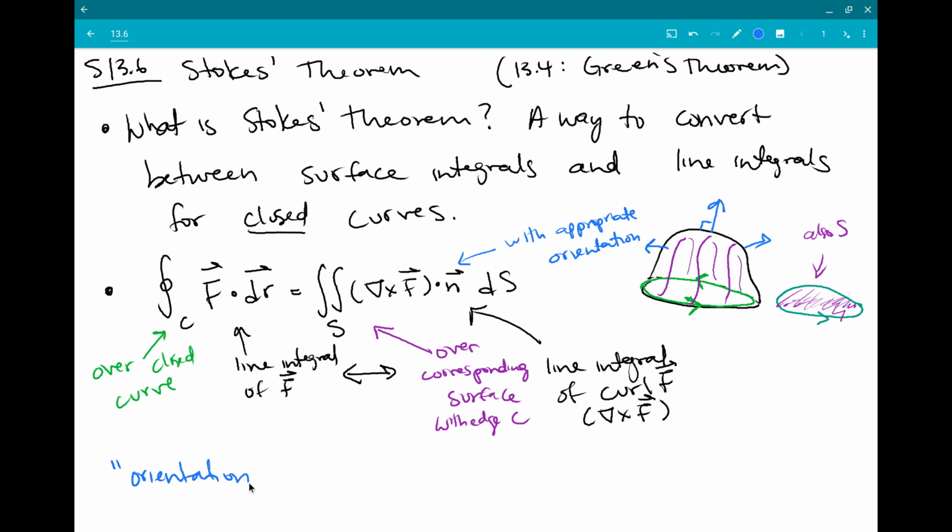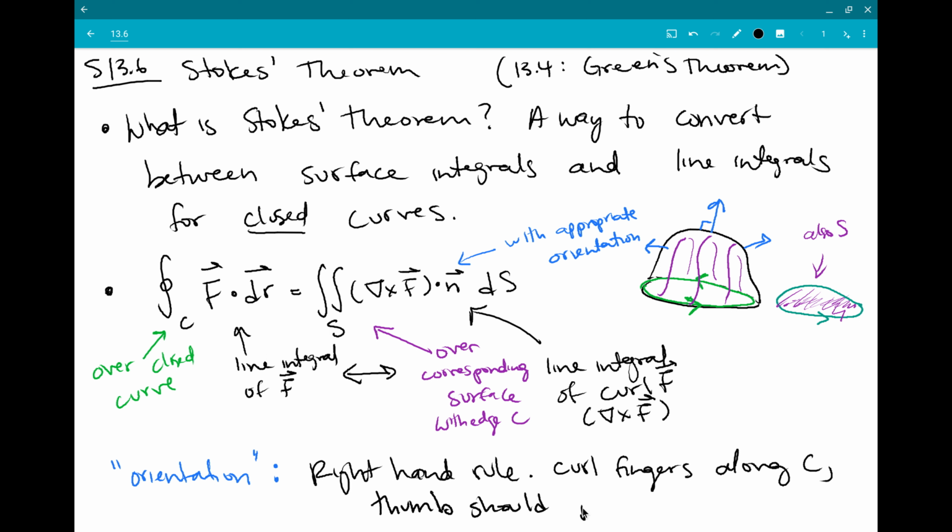That orientation is going to have to come from what's called the right-hand rule. If you curl your fingers along C using your right hand, your thumb should point in the same direction as N. I'm going to try to do this.